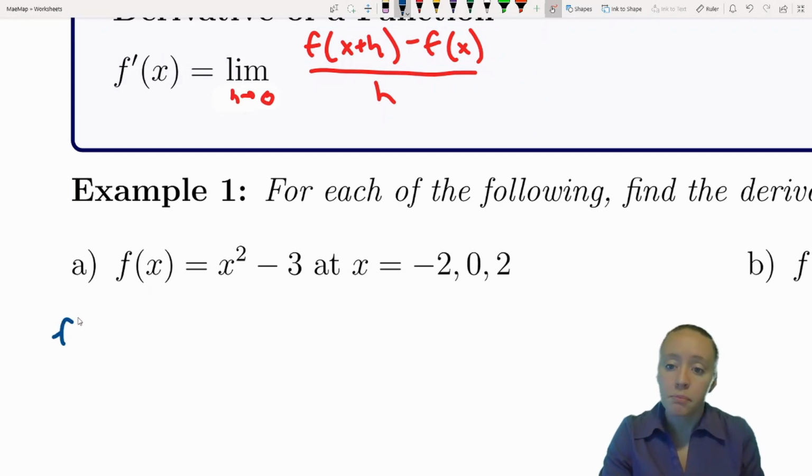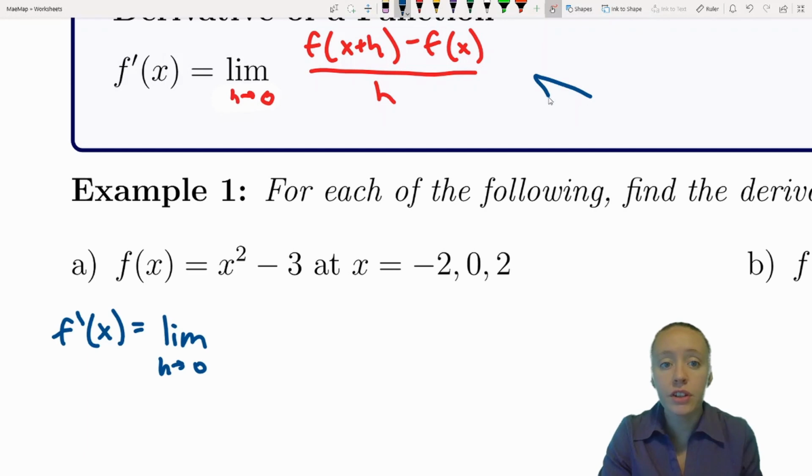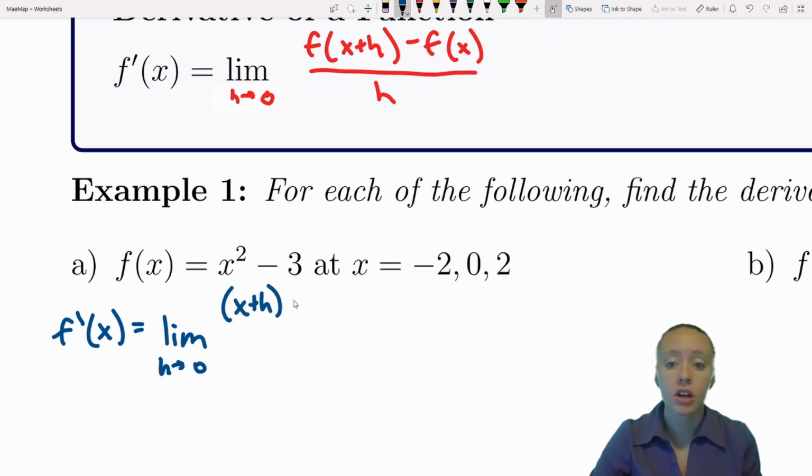So f prime of x is going to be equal to the limit as h approaches 0 of, I'm going to fill all of this information in. So I want my function of x plus h, meaning wherever there's an x, I'm going to plug in an x plus h instead. So f of x plus h is going to be x plus h squared minus 3.